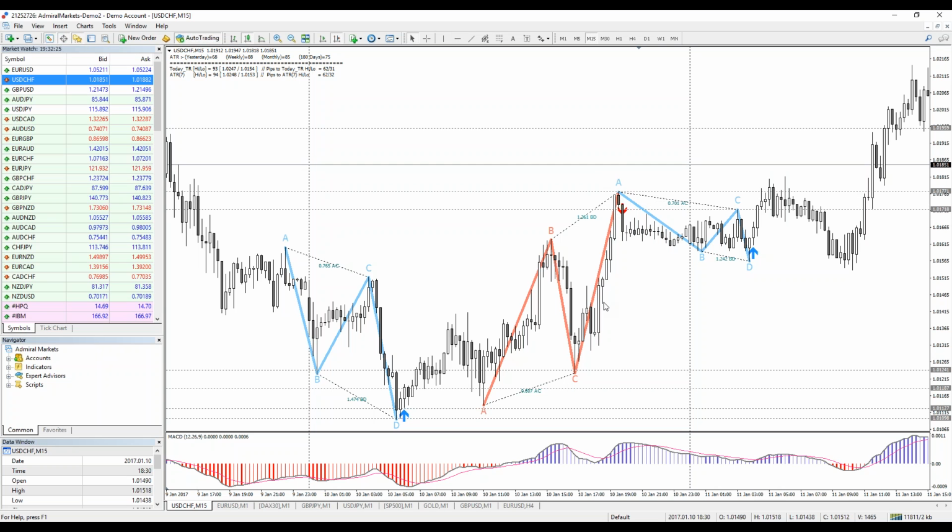Targets, guys, are actually pivot points and previous historical support zones. I don't use targets like harmonic traders do. My primary target is the next pivot point, or let's say a previous level of support.